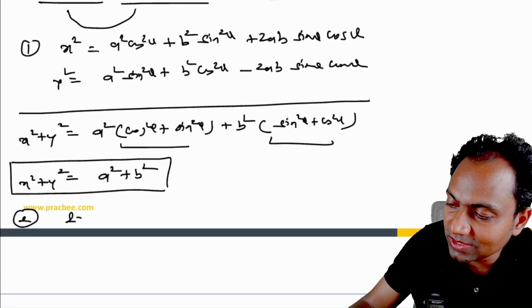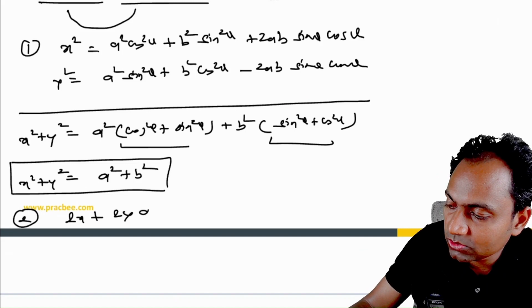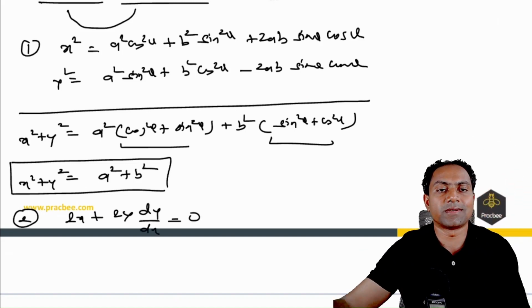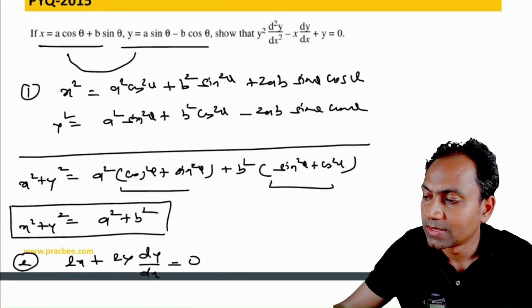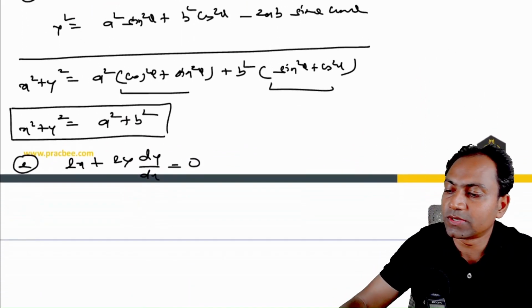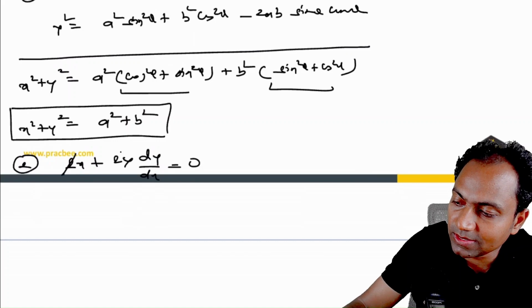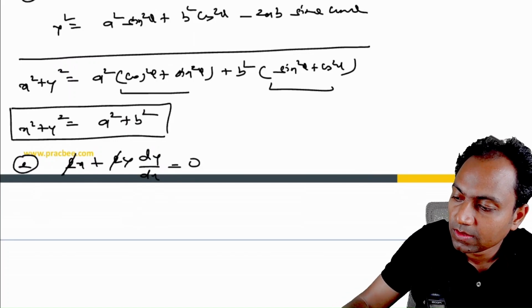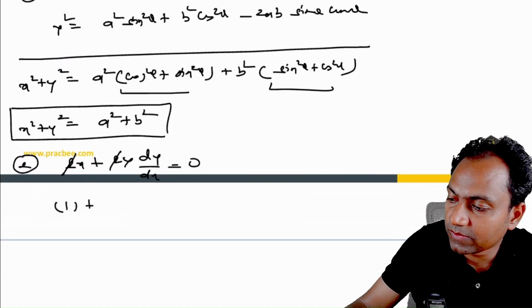So if I differentiate this, it is 2x plus 2y dy by dx is equal to 0, because the right hand side is constant. Now what they want is the second derivative. So what we can do is differentiate the same thing one more time. Before that, let us also cancel out this 2. So if I differentiate one more time, the differentiation of x becomes nothing but 1. The differentiation of this side, we'll have to use product rule.